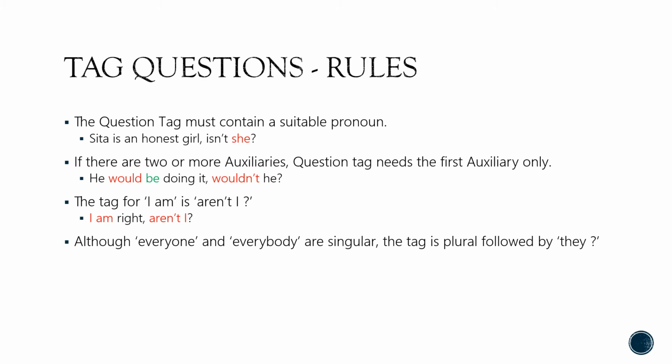The sentence. I mean the tag. Everyone and everybody will have a plural tag with the ending they. Everyone was happy, weren't they? Everybody was present, weren't they? The next one, please.